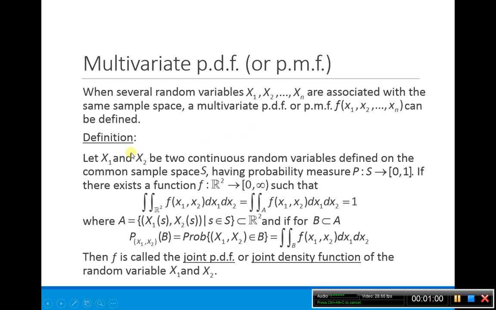Basically, we have x1 and x2 as two continuous random variables defined on some common sample space, having a probability measure going from the sample space to 0, 1, as all probability measures are defined.